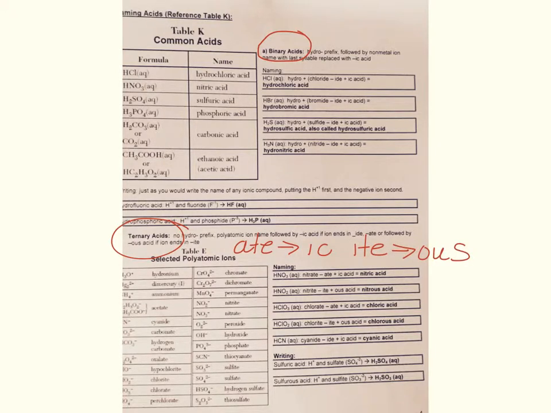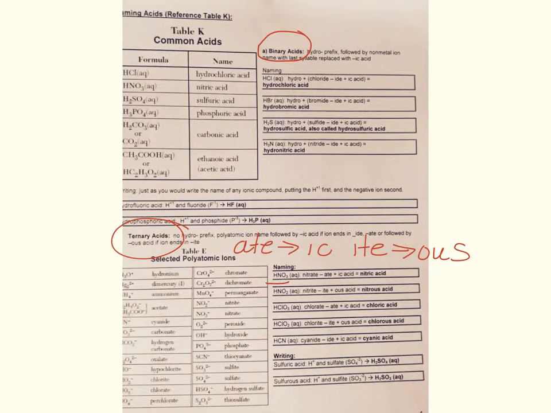So let me elaborate on that. If the polyatomic ion in the acid ends in ate, then we change the ending of the acid name to ic.